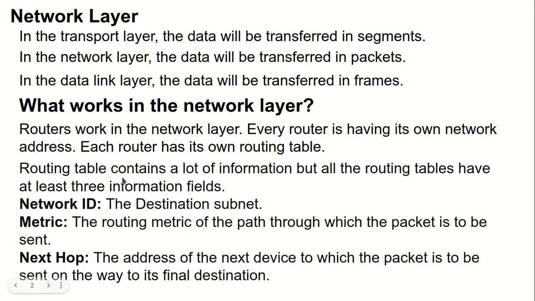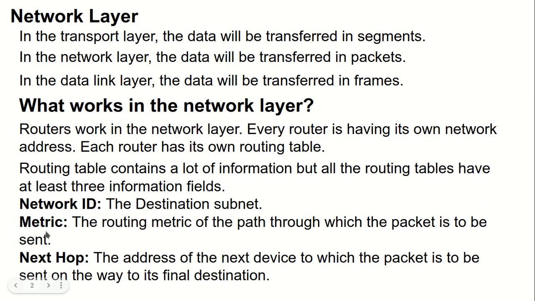A routing table contains a lot of information, but all routing tables have at least three information fields. The first one is the network ID. Basically it shows where the destination is. The metric is the path through which the data will pass and reach its destination.